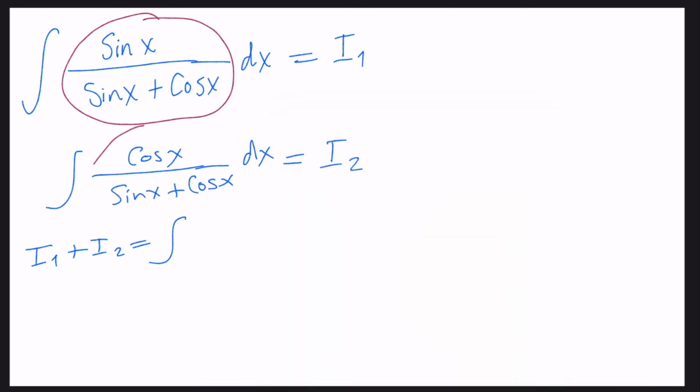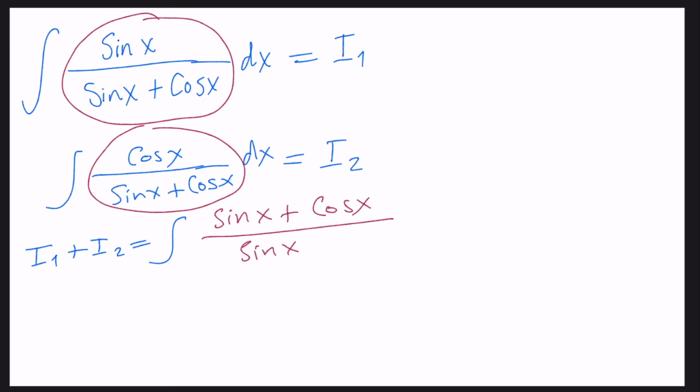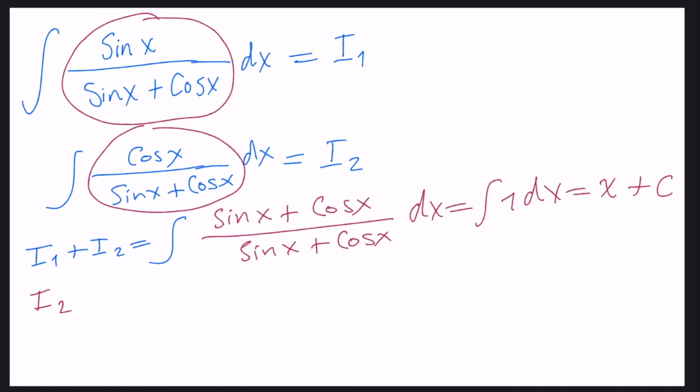Then this is sine of x plus cosine of x divided by sine of x plus cosine of x, because remember, you have the same denominator, so you add the numerators. By dx, and this is equal to the integral of 1 dx, which is x, plus c.